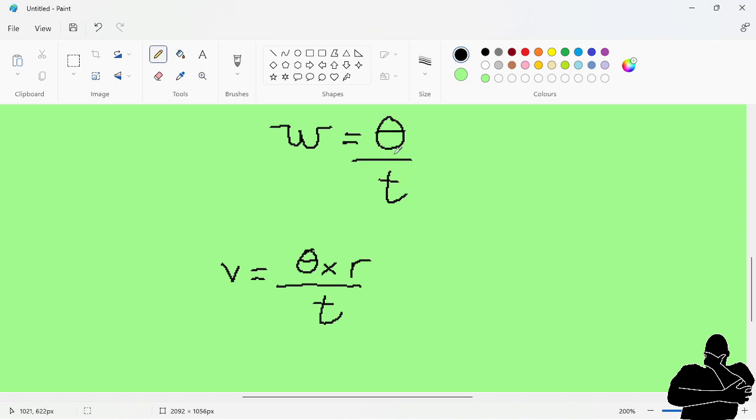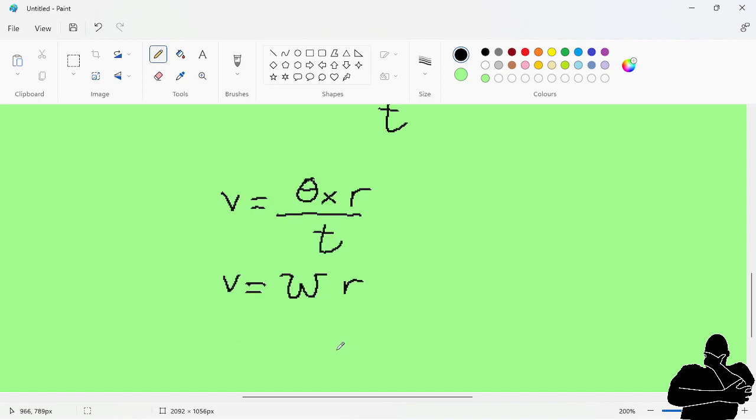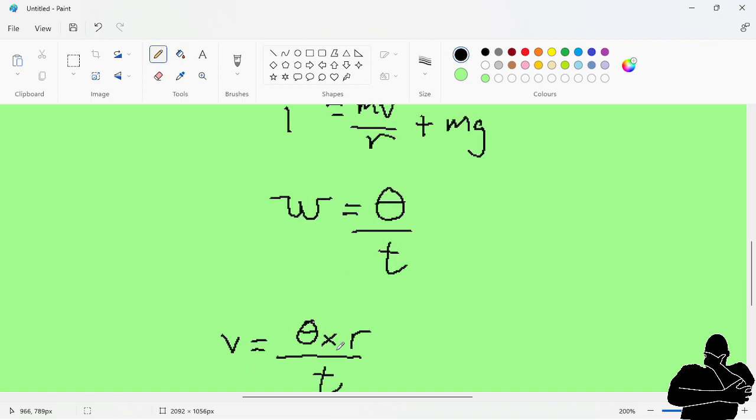This theta divided by t is the same as down here, so v is equal to omega times r, or r omega, depending on how you want to look at it.